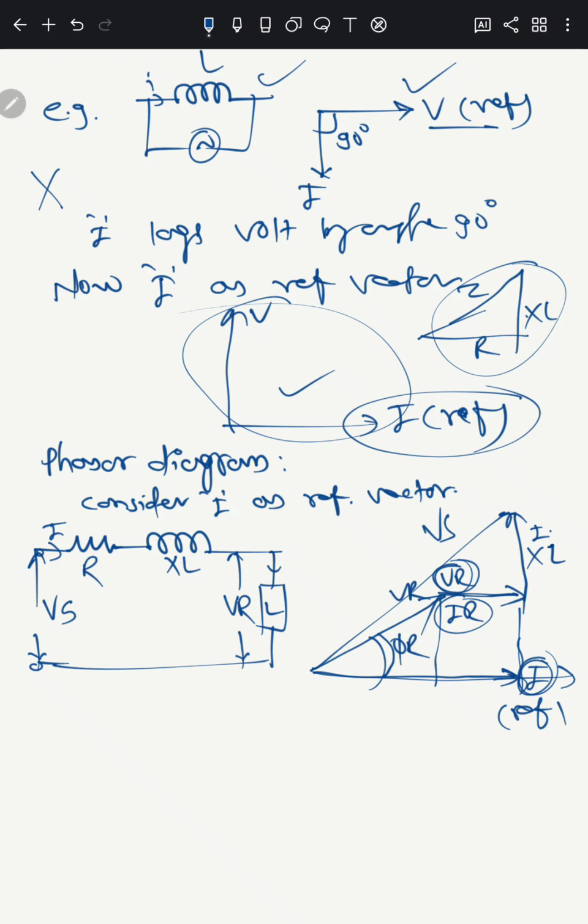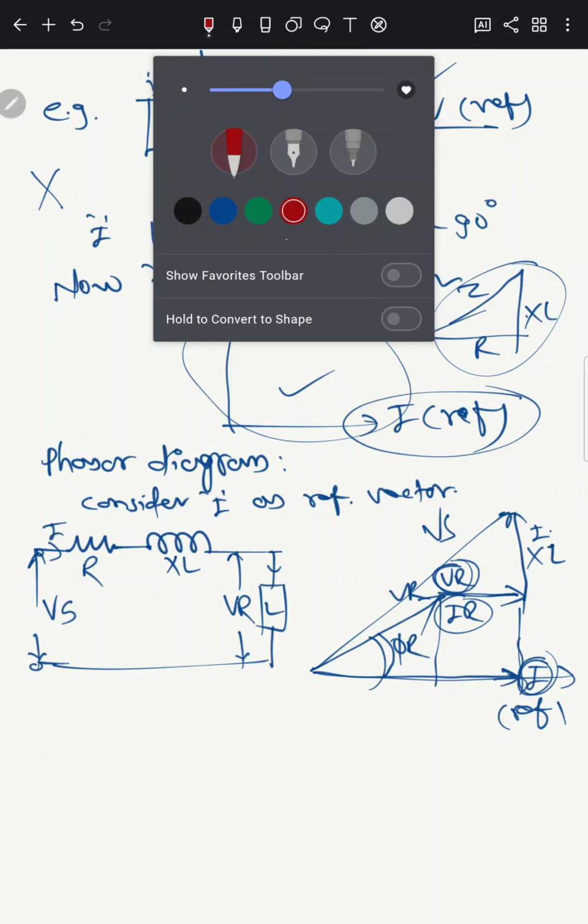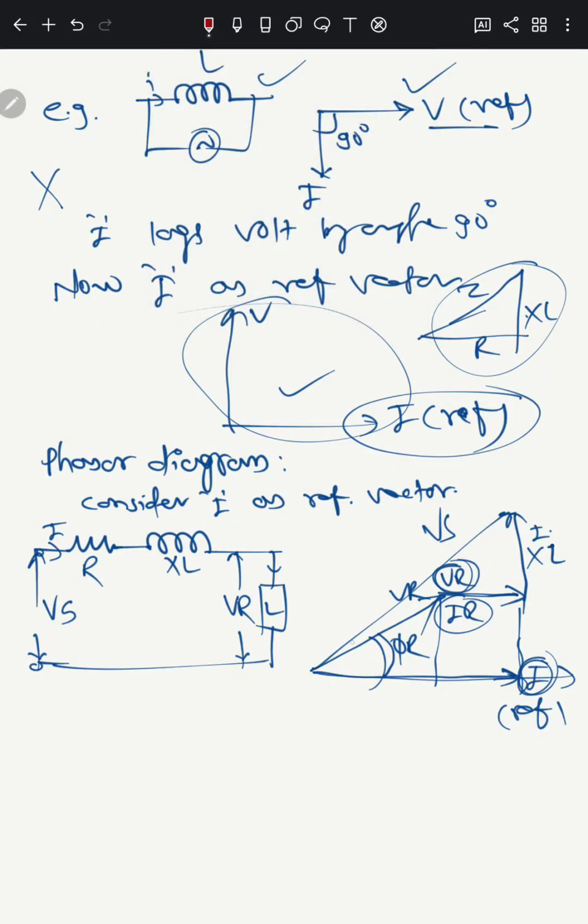Another thing we can show here: the angle between Vs and I is phi s, which is considered the sending end power factor. So this is my vector diagram for this particular case, and from it I can write some expressions.